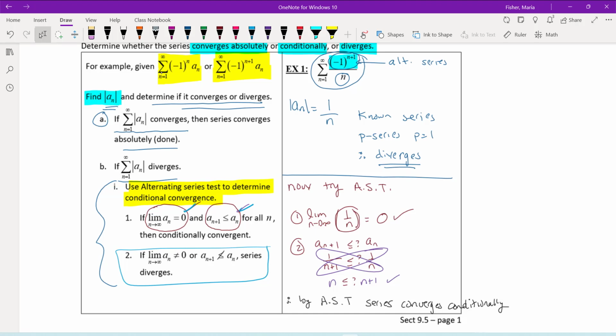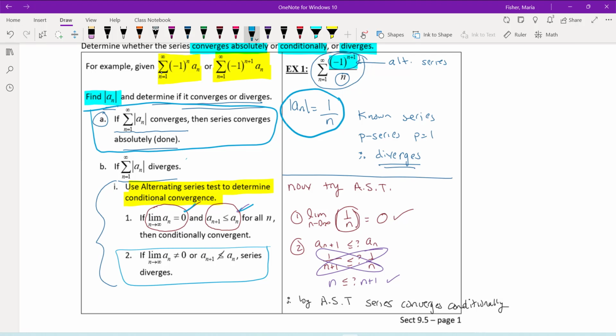If we look at example 1 again, when we're dealing with alternating series, the first thing we do is take the absolute value of that series. Then determine if the absolute value of that series converges or diverges. If it converges, then the series itself converges absolutely and we are all done.